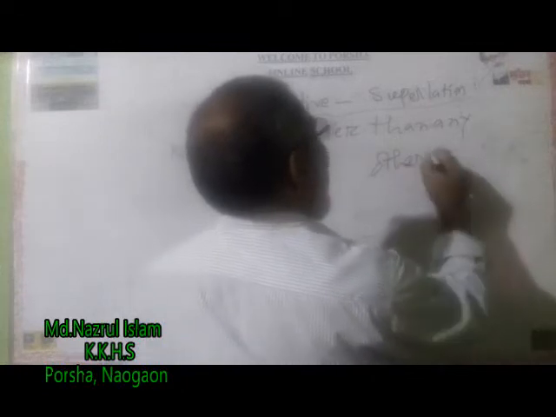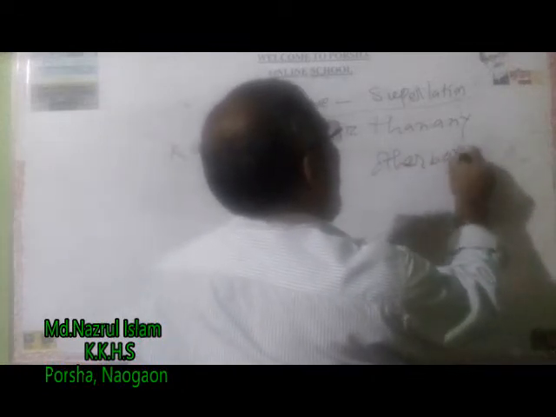Look at the sentence. Karim is taller than any other boy in the class, or in the village, maybe. This is the comparative form.